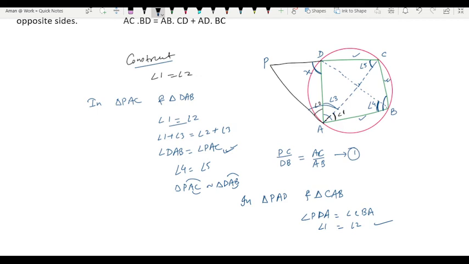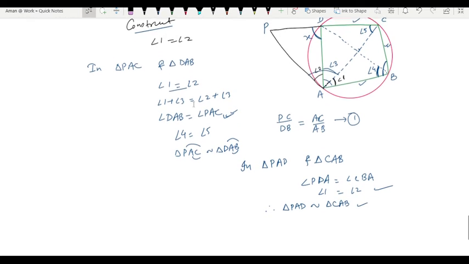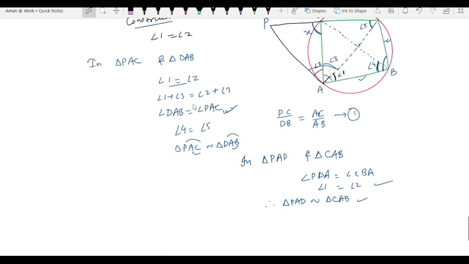So triangle PAD is similar to triangle CAB. When these two triangles are similar, PD upon BC equals AD upon AB. So we get PD equals AD into BC upon AB. This is the second equation.